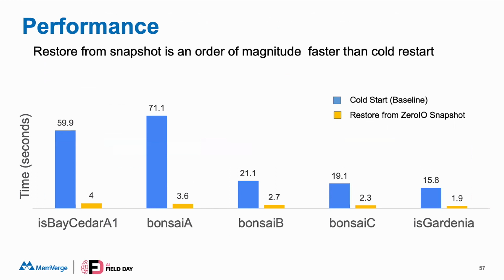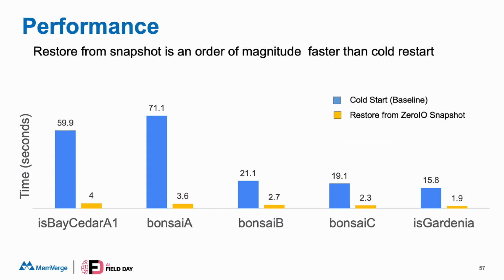We compare with recovering Maya by reloading data from the disk. What I show here is the five small models we tried. The y-axis shows the time it takes to recover Maya.